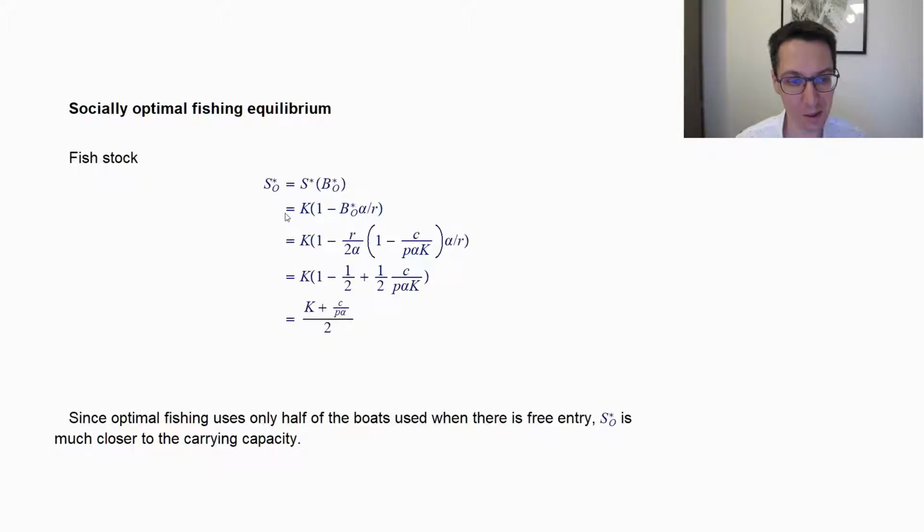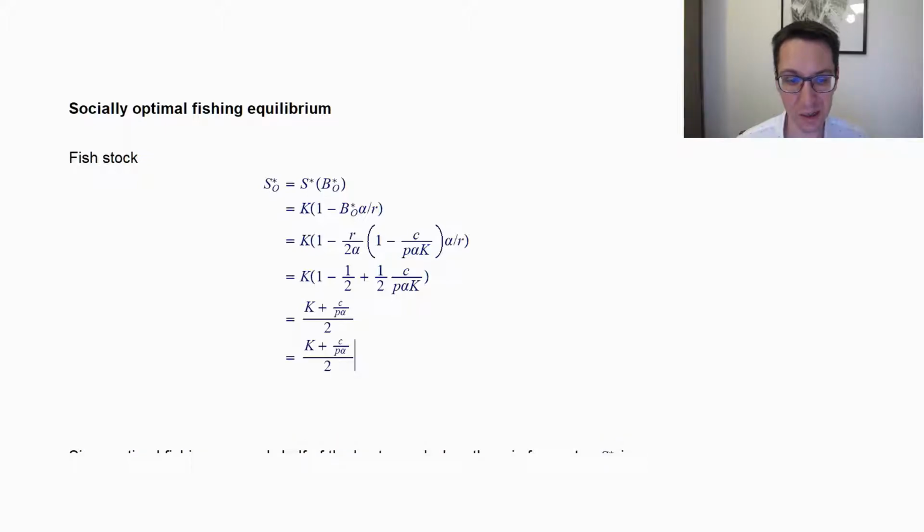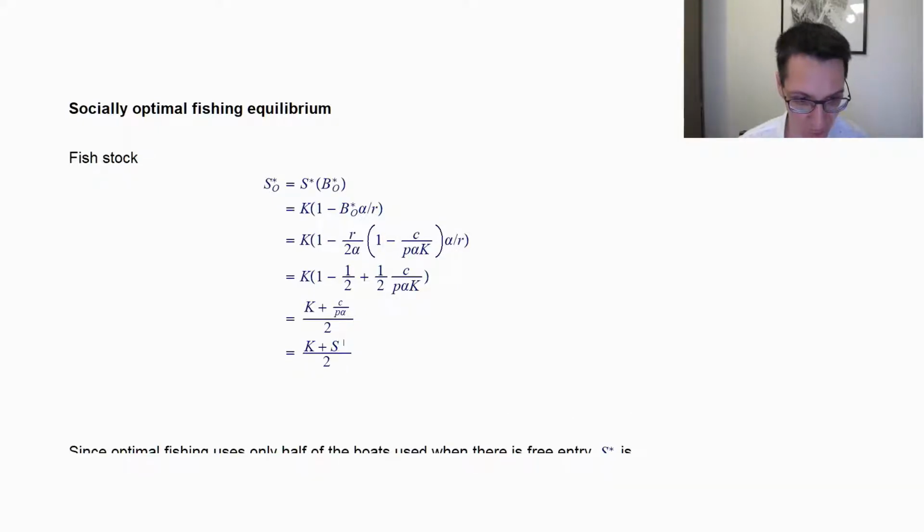Now at least it looks like the equilibrium stock is going to be determined at least in part by K, the carrying capacity. And so we can even substitute what we had before, C divided by P alpha, which was the S star F, so the stock of fish in the free fishing case.